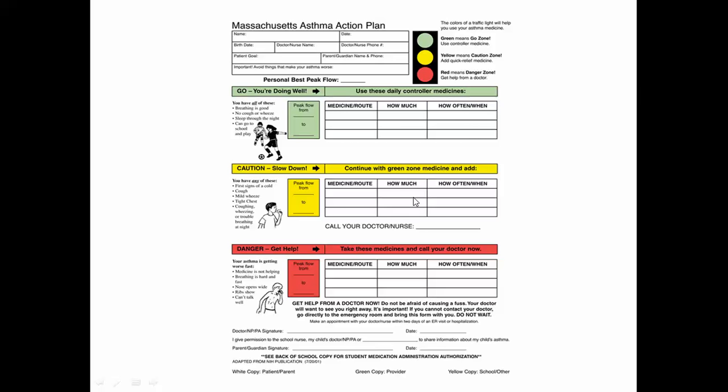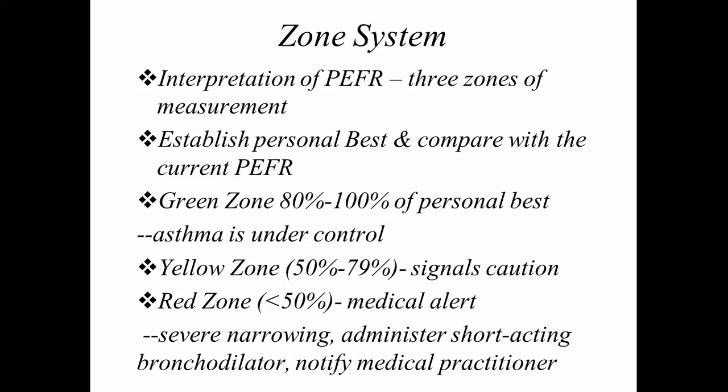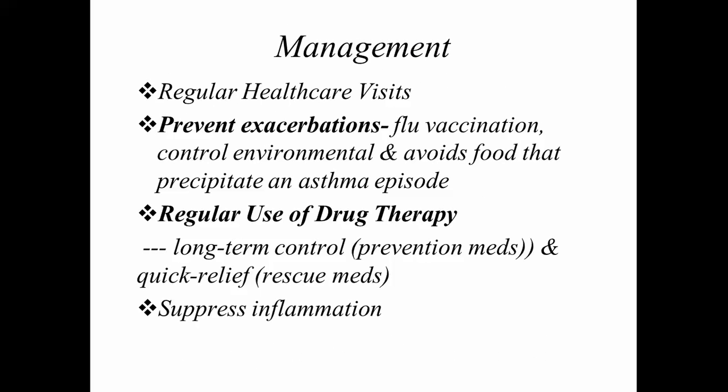All right, so then the goals of management are that you want to prevent any disability, and you want to minimize the physical and psychological aspects of the disease. You really want to encourage the child to live as normal a life as possible.